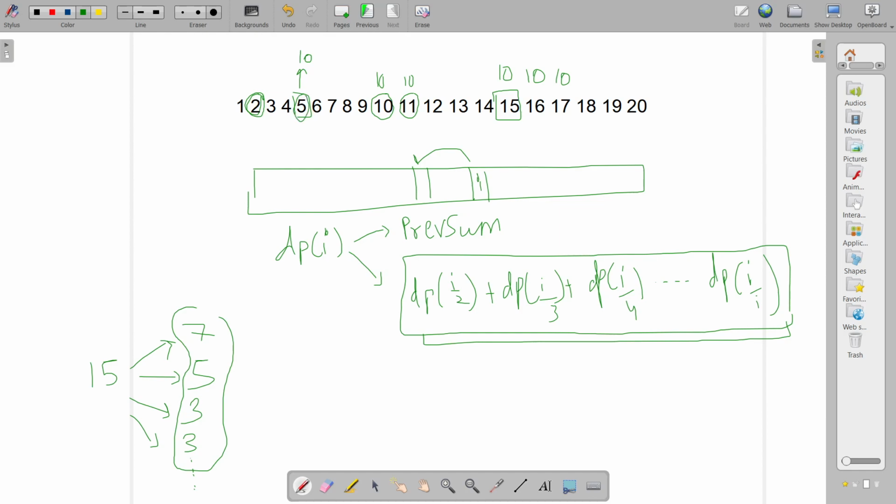Suppose I'm at 5. One range is 10 and 11. The other range is 15, 16, 17. Why? Because 15 by 3 is 5, 16 by 3 is 5, 17 by 3 is 5, but 18 by 3 is not 5. Then 20, 21, 22, 23, 24.